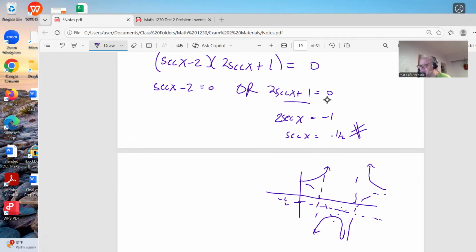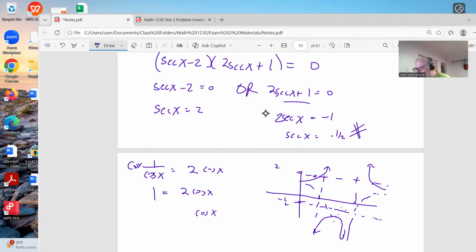This part is no solution. Now, secant x is equal to 2, right? Here's 2 up here. It does connect with the graph in 2 places, but maybe we didn't memorize the unit circle, which is fine. So a fancy way to write secant is 1 over cosine of x is equal to 2. We're going to multiply both sides by cosine x. So we have 1 is equal to 2 cosine x, or cosine x is equal to 1 half.